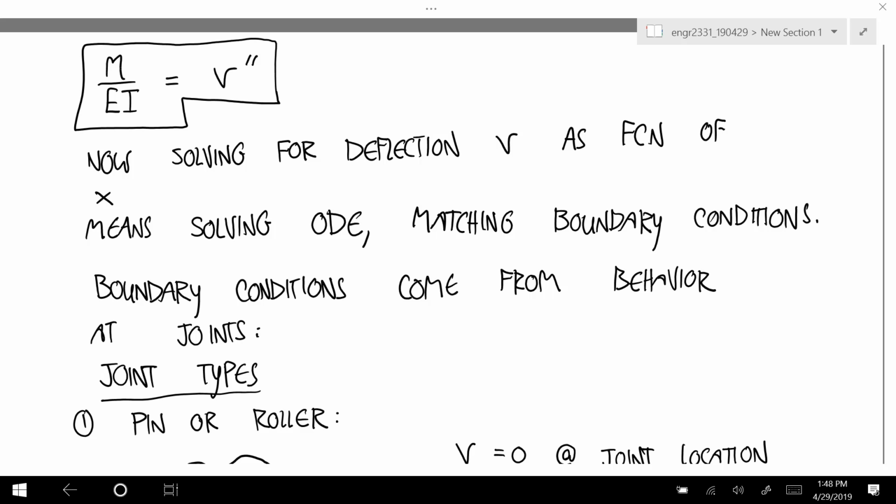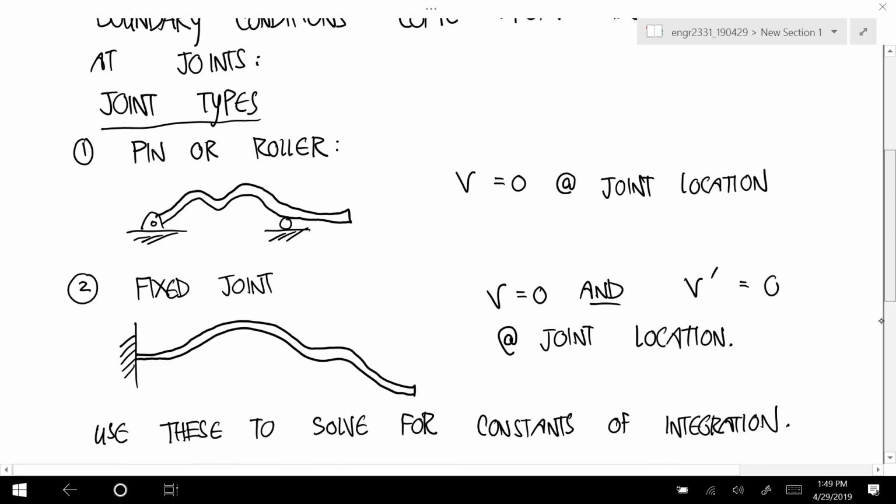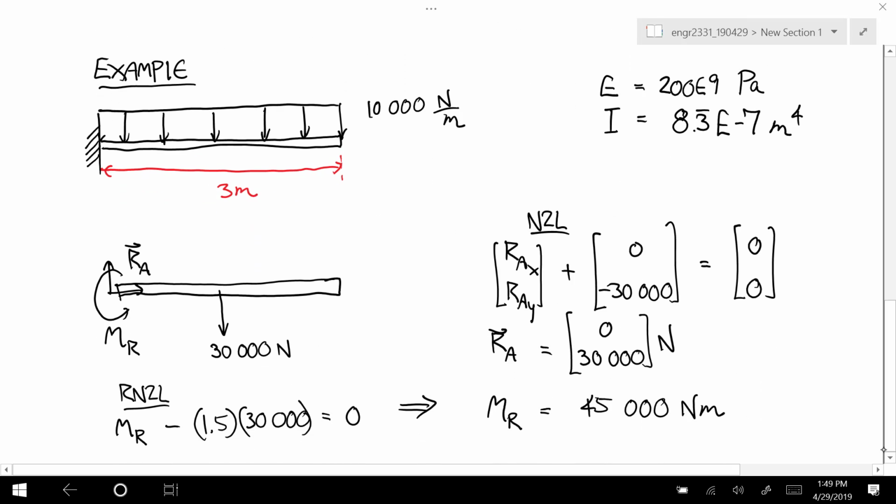We'll integrate everything twice and come up with an expression with two constants of integration because we're integrating twice. And those two constants of integration are going to come from the fact that at x equals 0, V has to be equal to 0, and V prime has to be equal to 0.